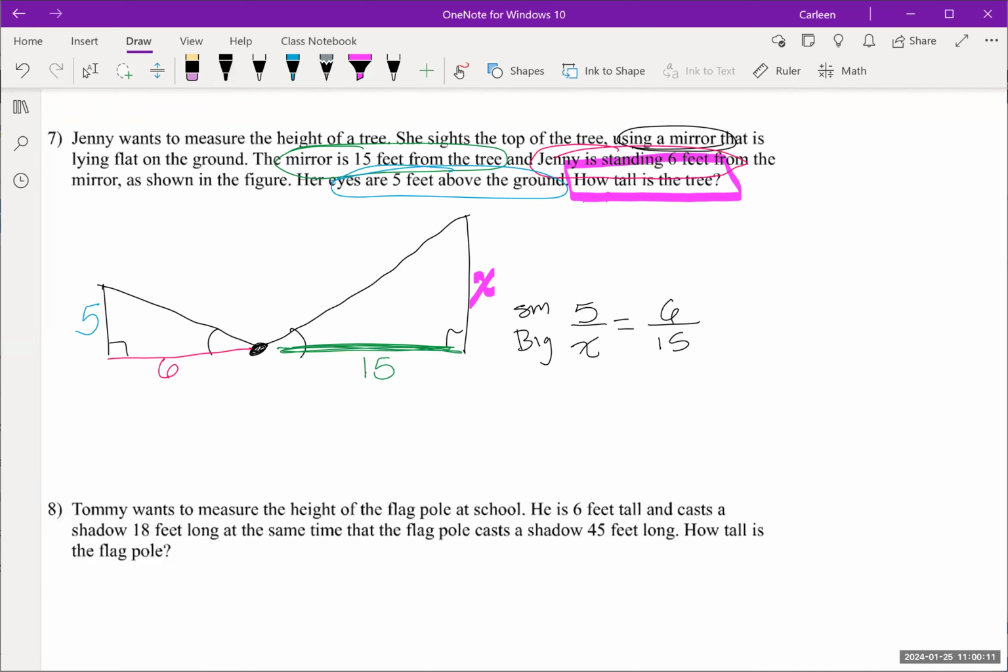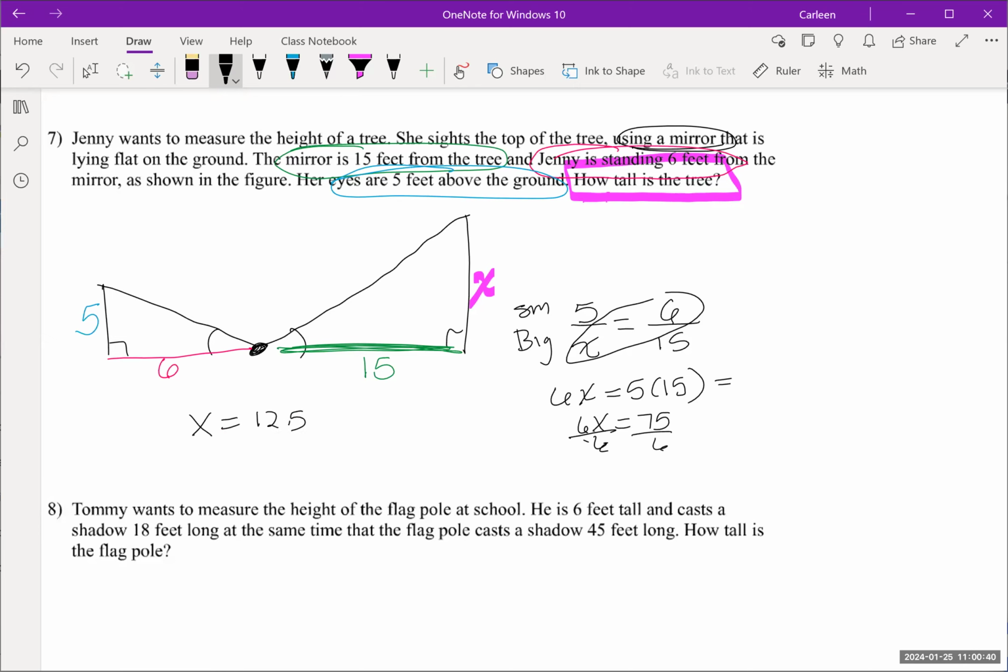Okay, what's next? Cross multiply. Thank you. So 6x is equal to 5 times 15, which is 75. And very often, what is the last step of solving the equation? You got it. Divide by 6. X is equal to 12.5.